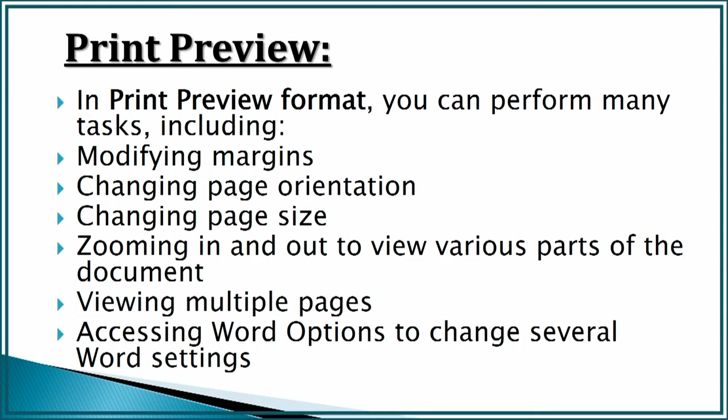So we can do these changes in print preview option, and that will be applied while printing the document. And it is a very essential thing that before printing the document directly, first we should print preview and see the preview of the printing document.